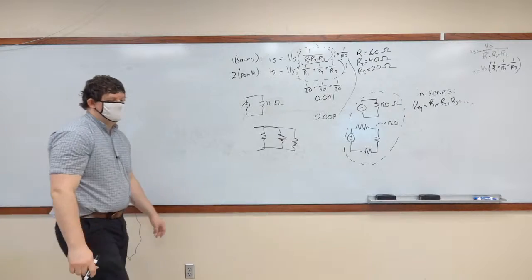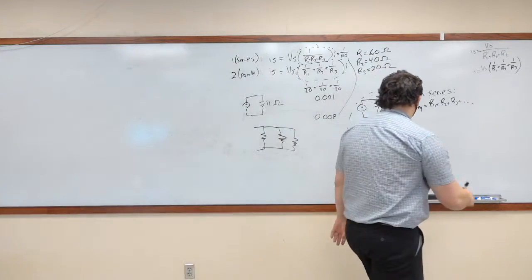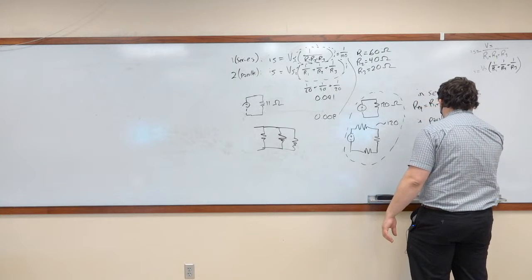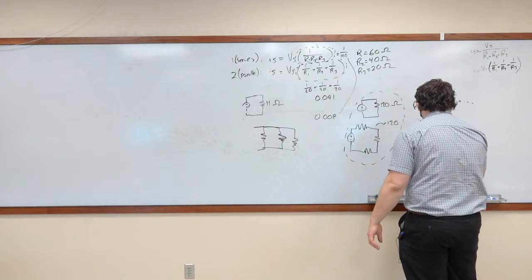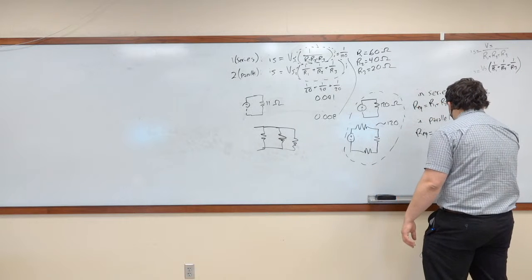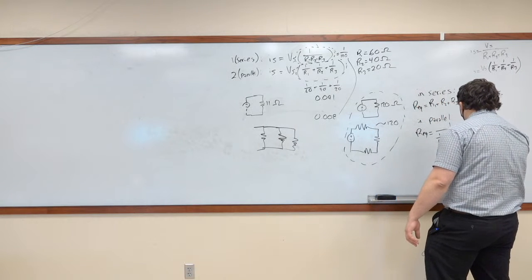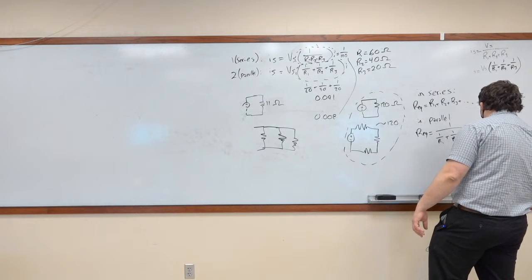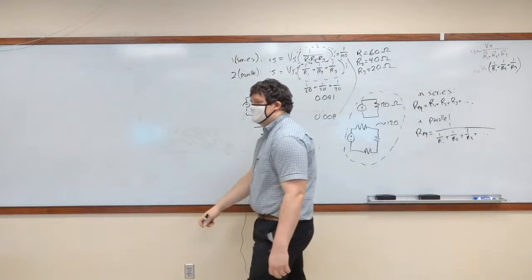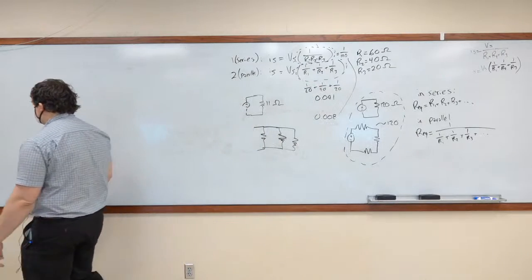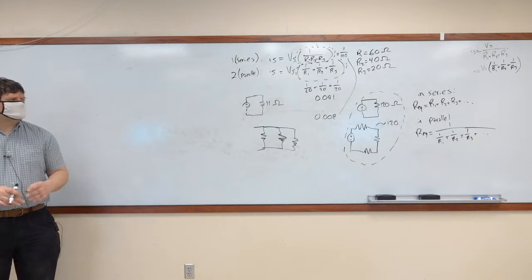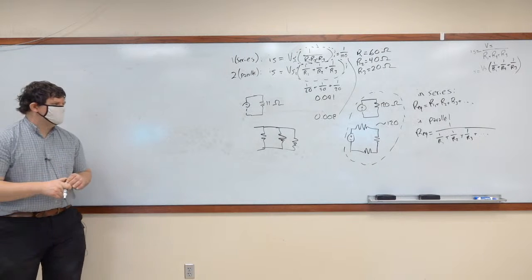In parallel, that changes. Your R equivalent is 1 divided by 1 over R1 plus 1 over R2 plus 1 over R3 plus ... And this should have been in your reading. It's foundational to understanding resistance. Okay?